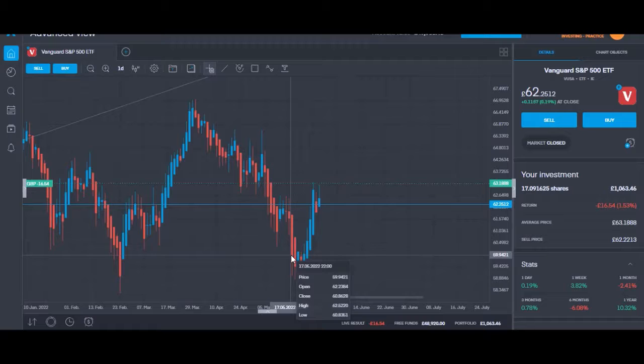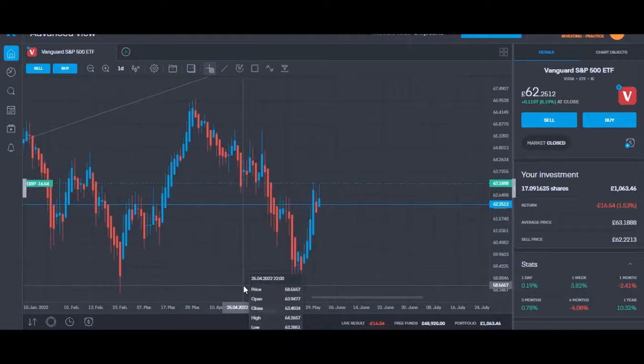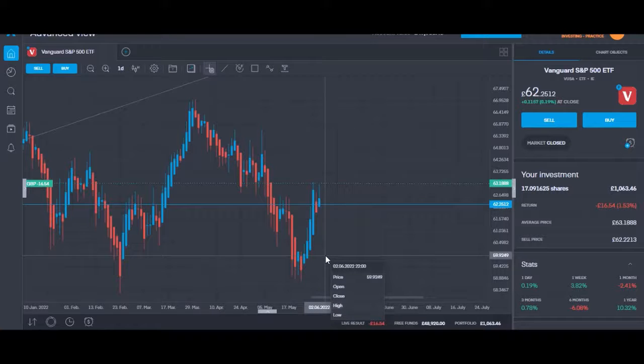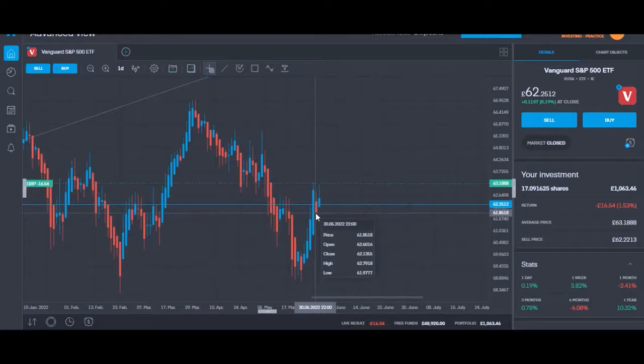So at the minute it's unclear, I think would be the word to use, to know whether or not this is another slight climb back before a further fall.